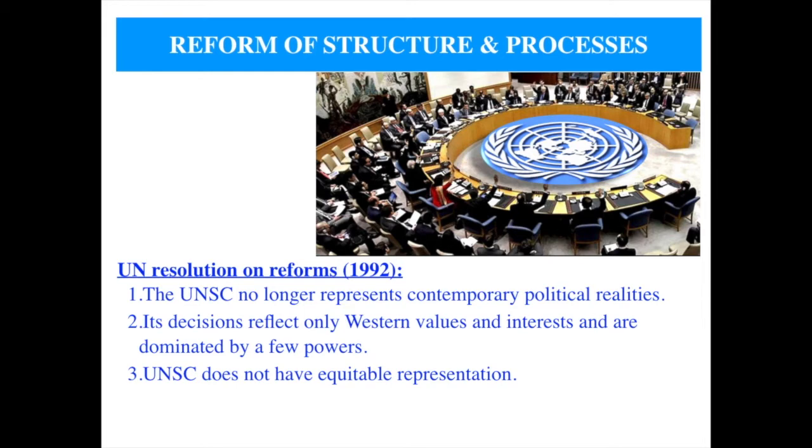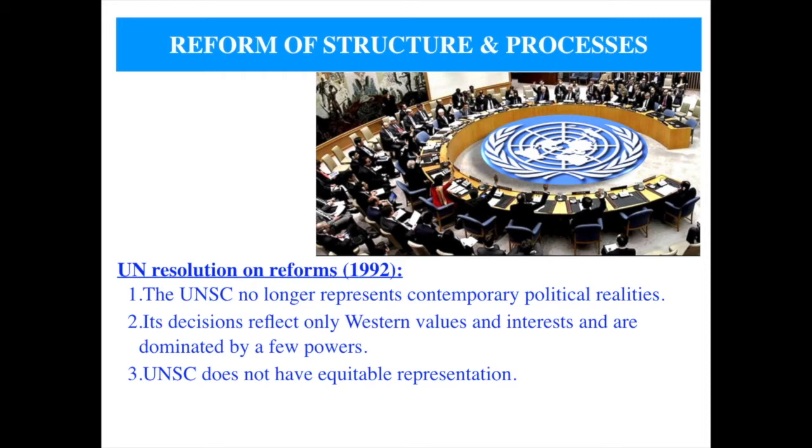Now, we know that the UNSC has 15 members, 5 being permanent and 10 being non-permanent. Okay. Now, the 10 non-permanent members are elected for a term of 2 years. However, the 5 permanent members, as the word itself says, are permanent.